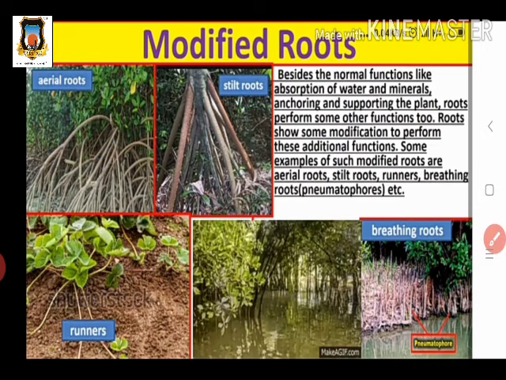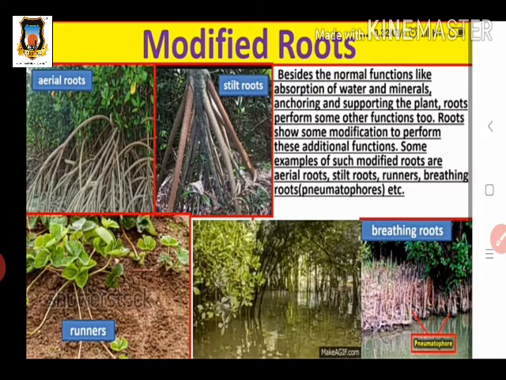So here we see some modified roots and their examples with their images. You can also observe this image and see the types of all modified roots: aerial root, stilt root, runner, and breathing roots. So here we see the types of roots. There are two main types: first is taproot, second is fibrous roots.